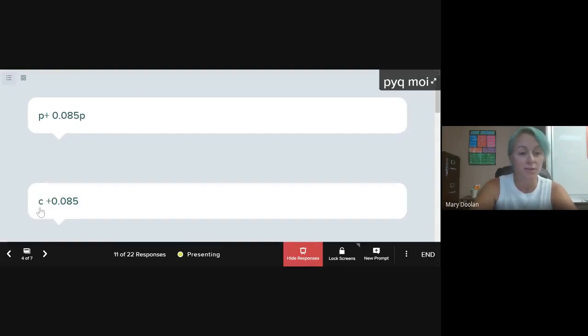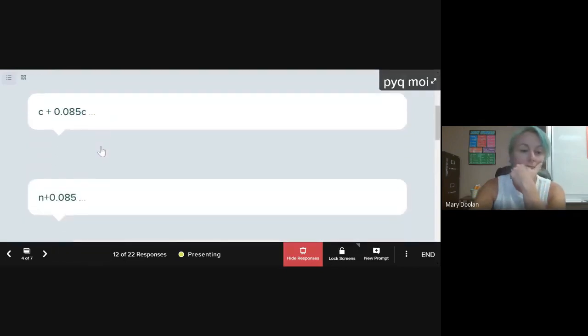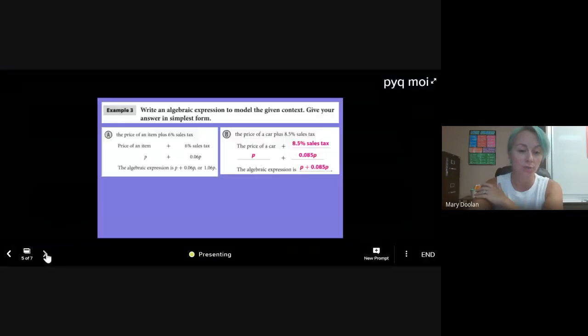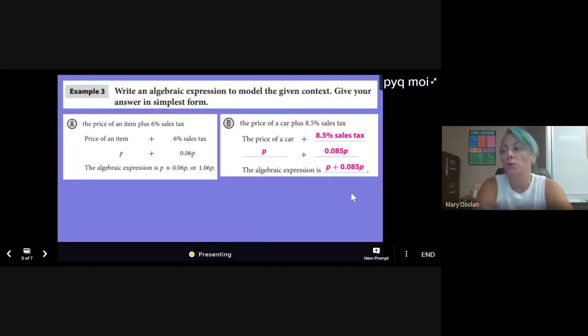So this next one down, this is super close, except I need to add a C here at the end. So whatever your variable is, you need to be consistent in using the same variable in your expression. Perfect. C plus 0.085C. N plus 0.085N. That's exactly what you want to do. Okay, so don't worry about correcting it. We're just moving on.